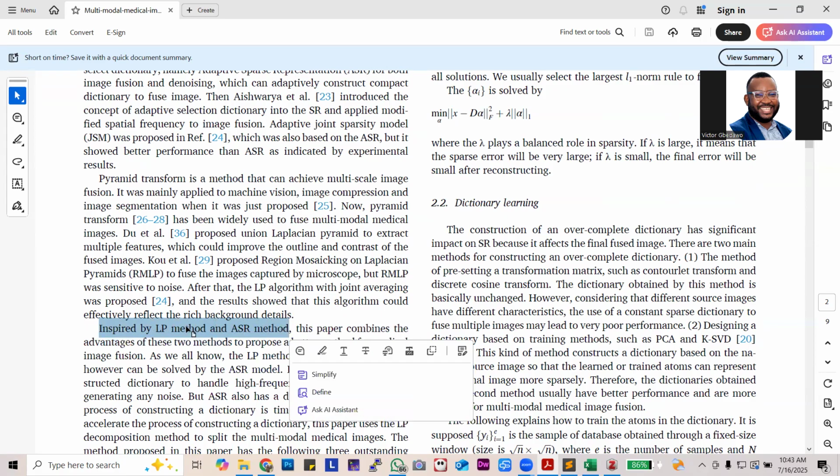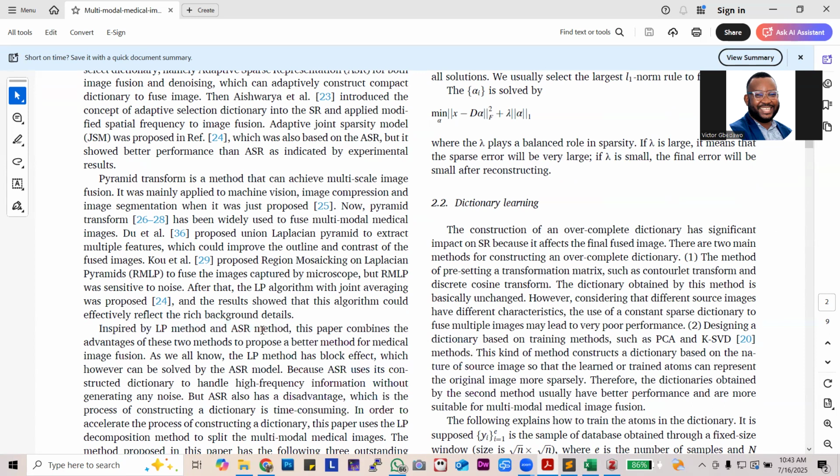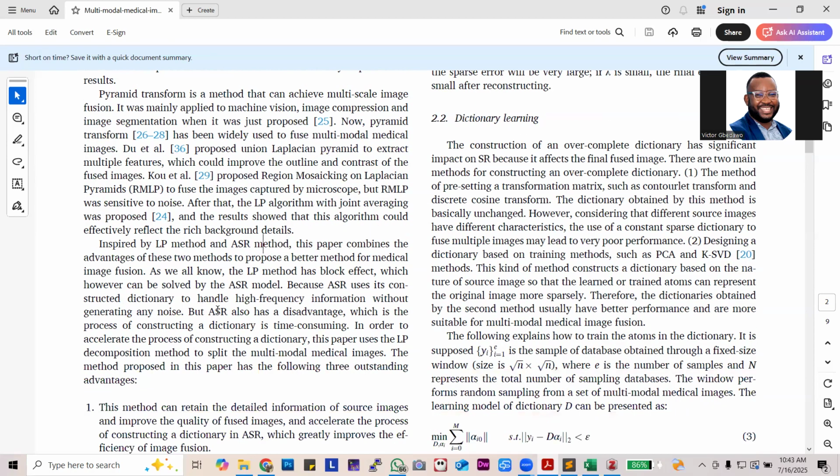The LP method and the ASP method. So in your project work, you need to write something that was inspired by you. So if somebody used CodeIgniter, somebody used Laravel, somebody used a particular method to get something done, you need to say it was inspired by this or so and so, and you reference the person. So that's what this is trying to talk about.